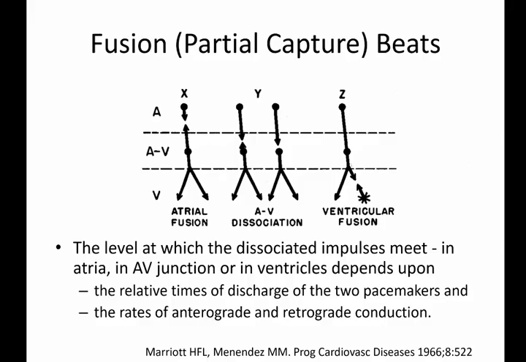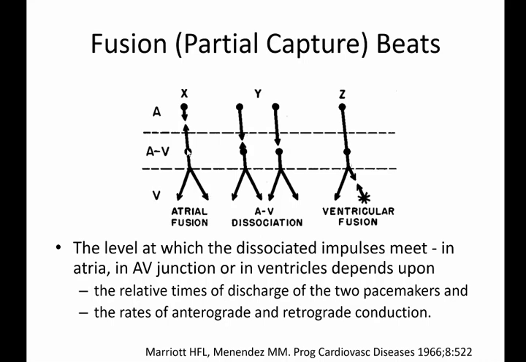Now let's understand the fusion beats in more detail. As I said, during an AV dissociation, for example in this example, the atrial activation is through the sinus node, whereas the junctional rhythm is controlling the ventricles.